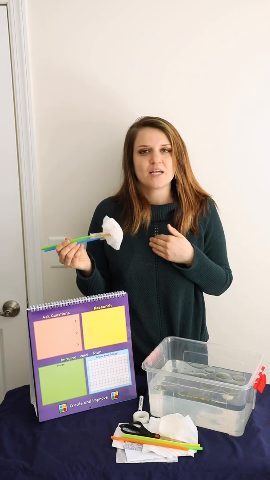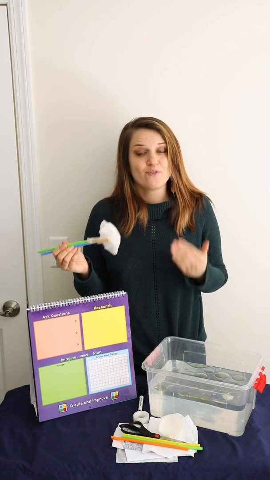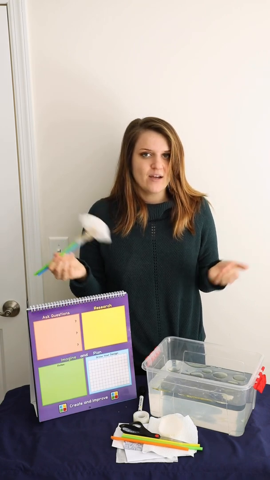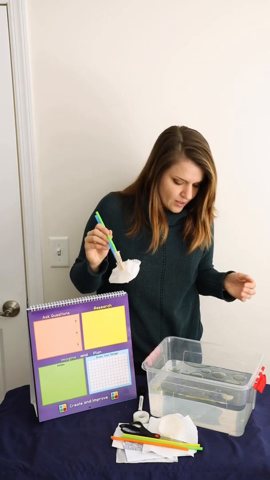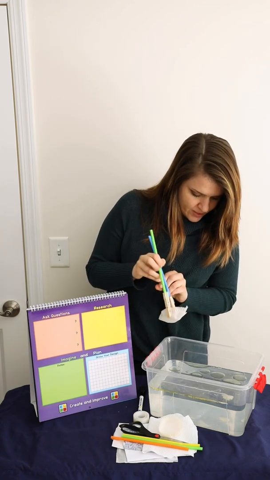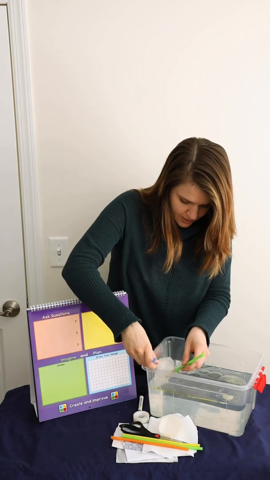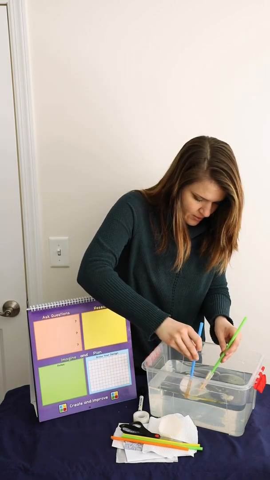Right now, when I'm testing out my design, it's so important that I'm focusing on any improvements I can make to make it better if I did this experiment again. It looks like the oil's found little clumps here, so I'm going to try to collect some of the oil.